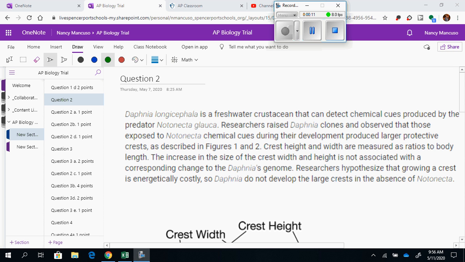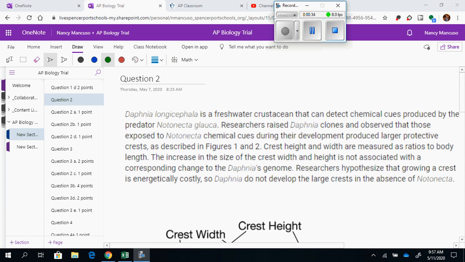So this one says, Daphnia is a freshwater crustacean that can detect chemical cues produced by the predator N. Researchers raised Daphnia clones and observed that those exposed to N chemical cues during their development produced larger protective crests, as described in figures 1 and 2.